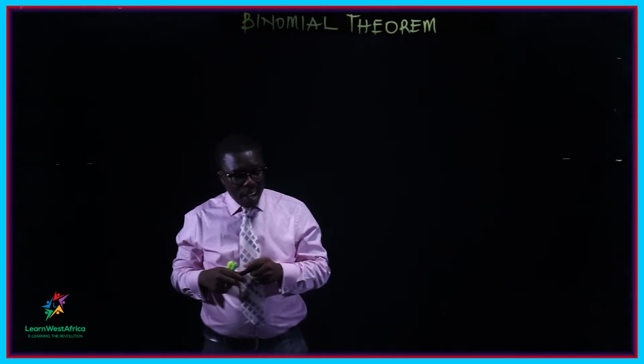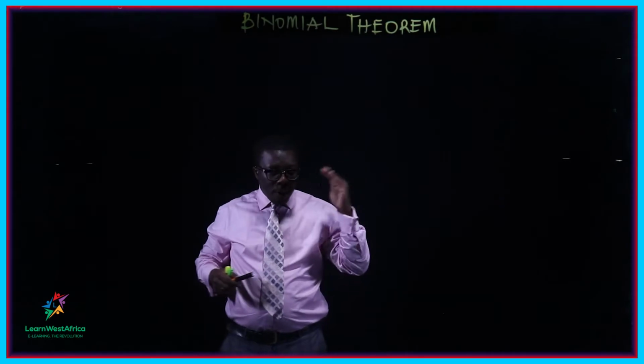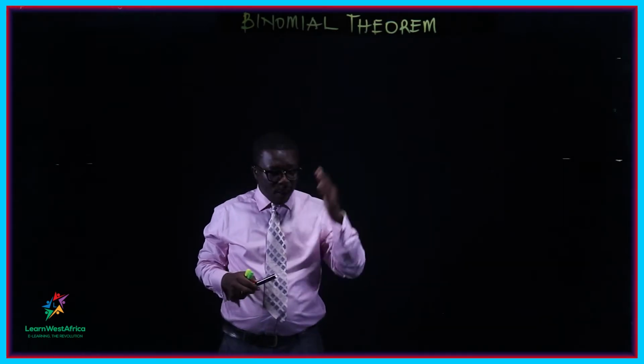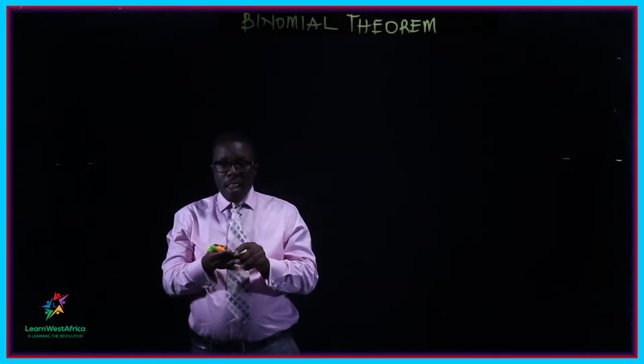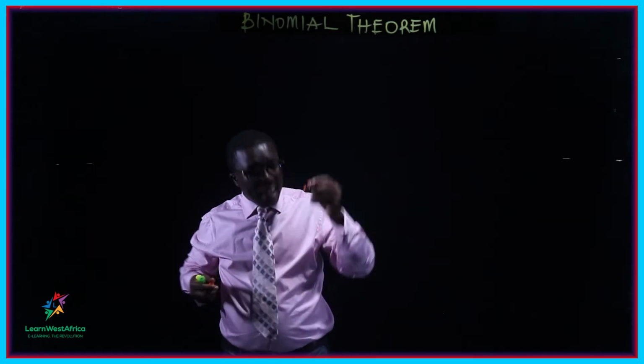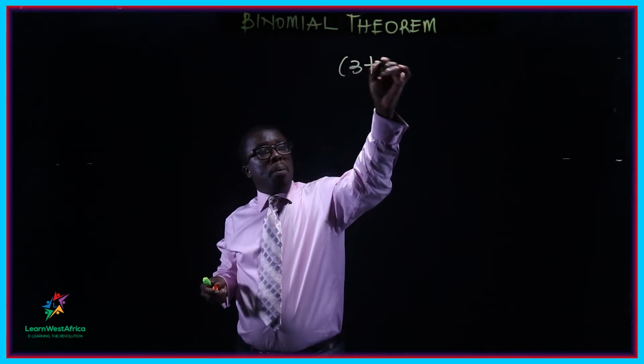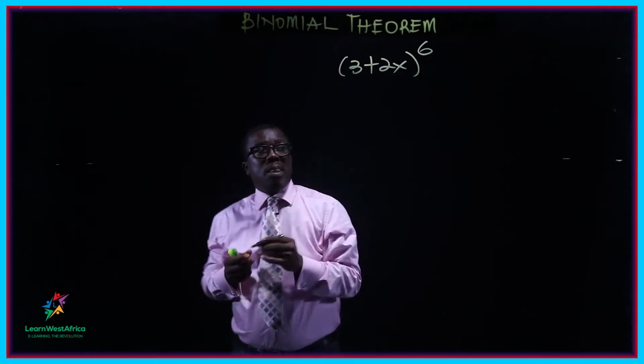Now, it says that in ascending powers of x, we want to find the first 3 terms of an expansion. And the expansion that we've been given here is 3 plus 2x all to the power 6.